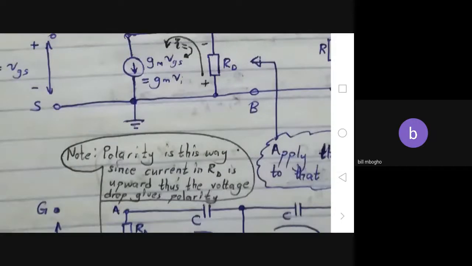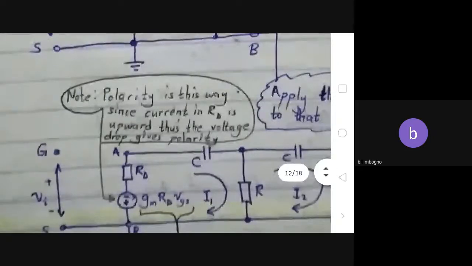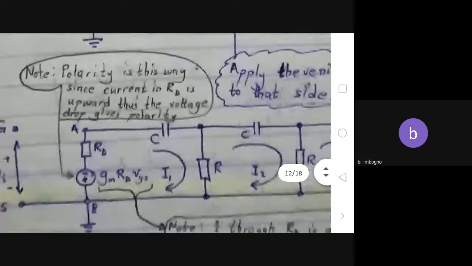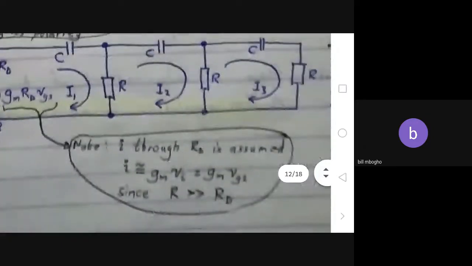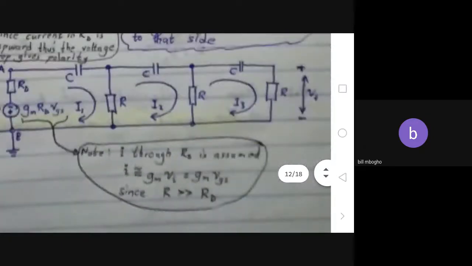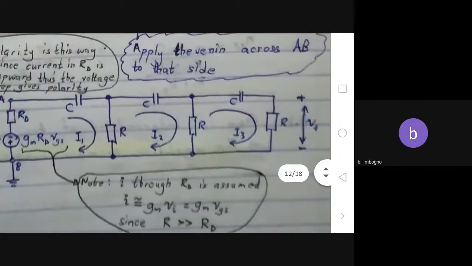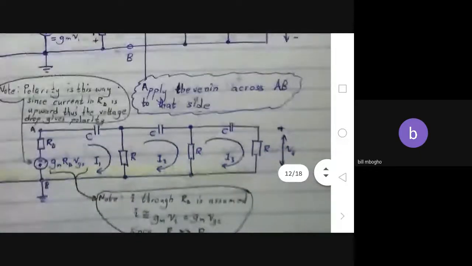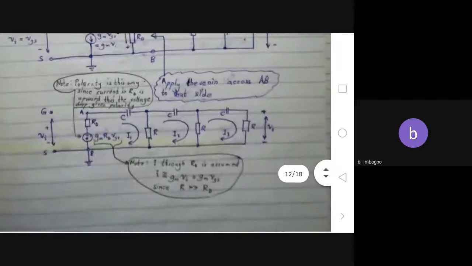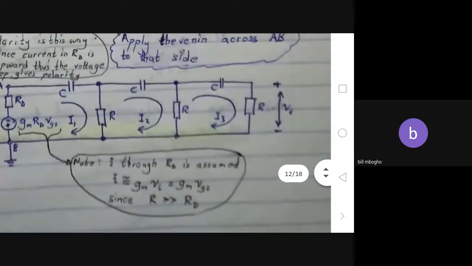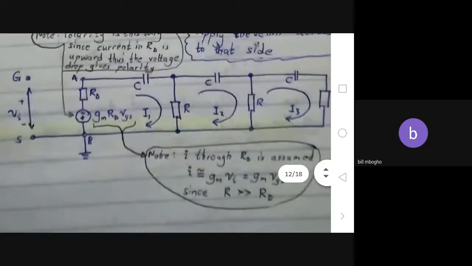So you can see the positive and the minus where they are. Something else to note is that the I through RD was assumed, since R is a lot greater than RD. Then you can see the labels for I1, I2, I3 with the VF. The VF is the one that's taken back to GS.